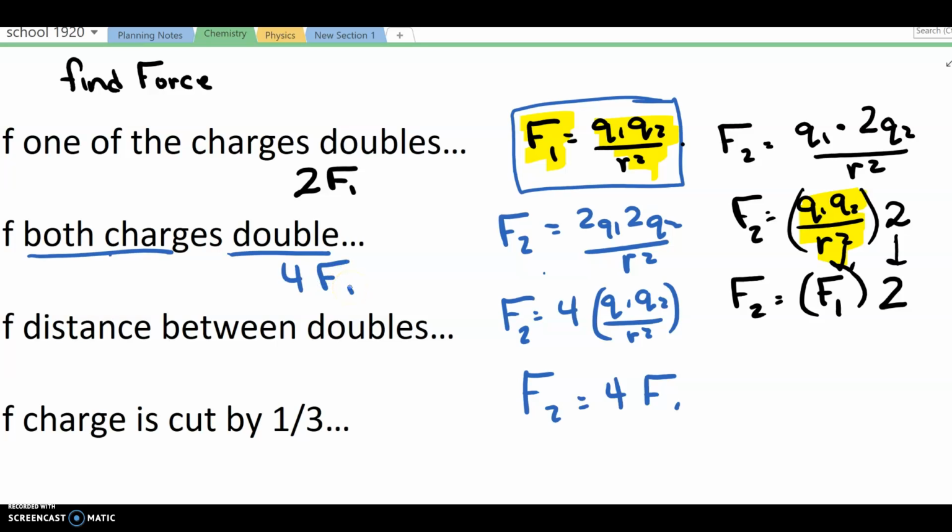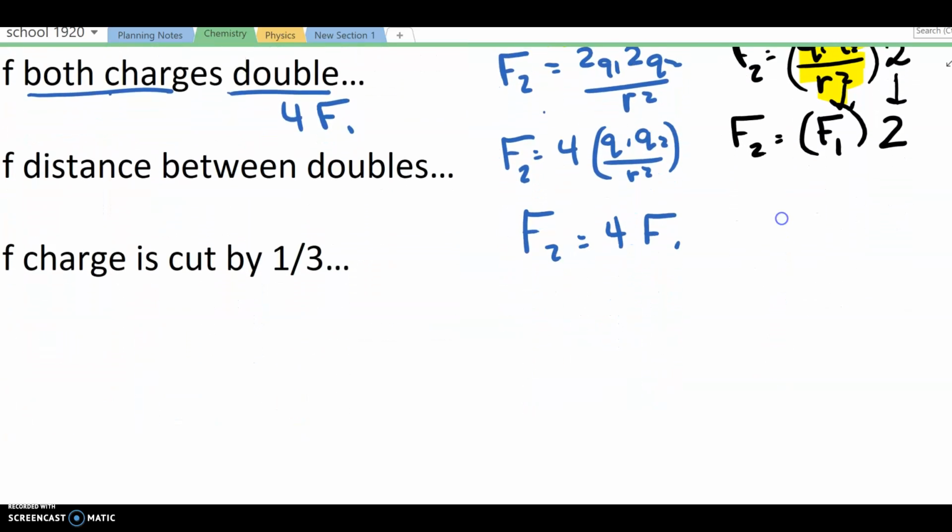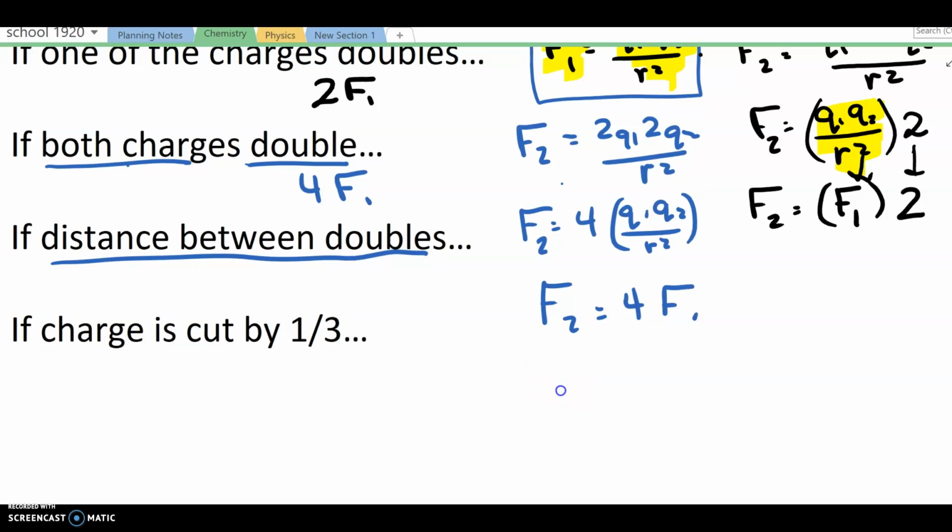What happens if the distance between things doubles? All right, we have our original force, F, which is Q1 times Q2 over the distance between them squared, and now our new F2 is Q1, Q2, they're still the same.